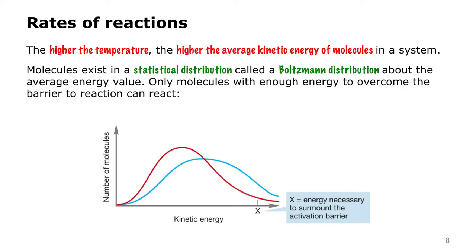In any sample of molecules, they exist in a distribution of energies known as a Boltzmann distribution, and they typically have the form of a bell curve of sorts. And these represent the average energy of the molecules in a sample of molecules.